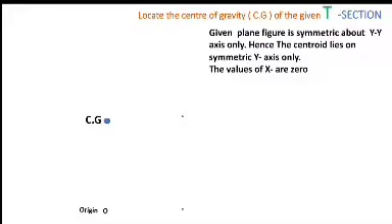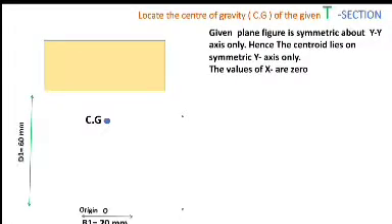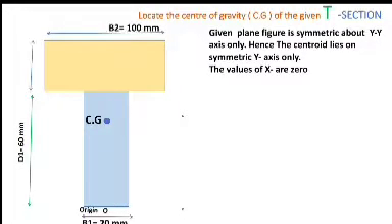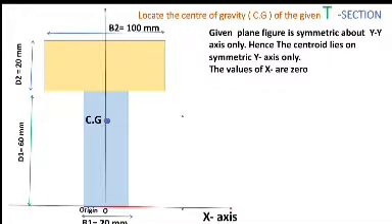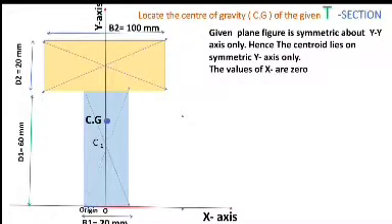The final position of the centroid is, I am showing the final position of the centroid or center of gravity. C1 and C2 are the individual centroids for the bottom rectangle and top rectangle, whereas CZ is the centroid of the entire T section.